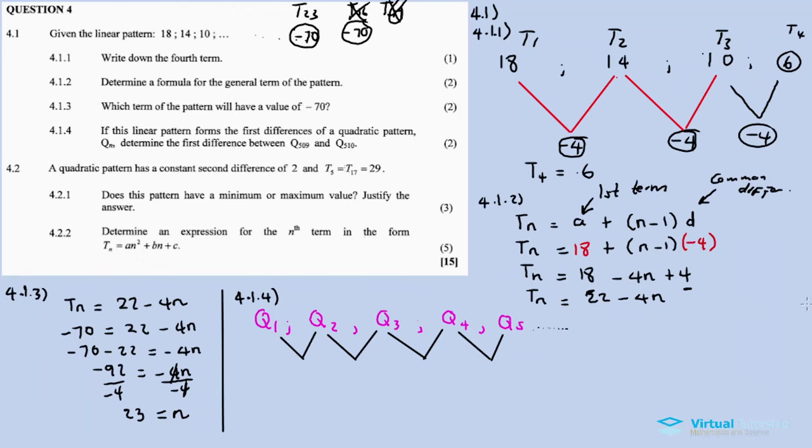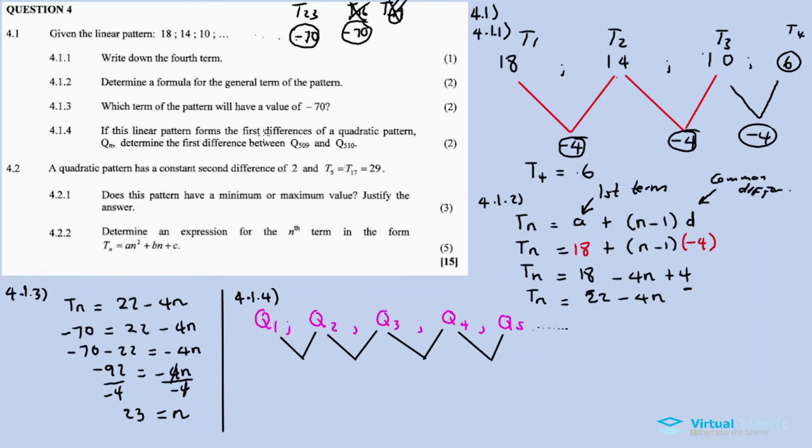So look, they say the first differences of this quadratic pattern in question, the Qn quadratic pattern, form a linear pattern.